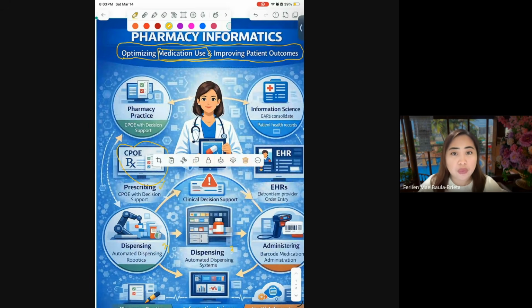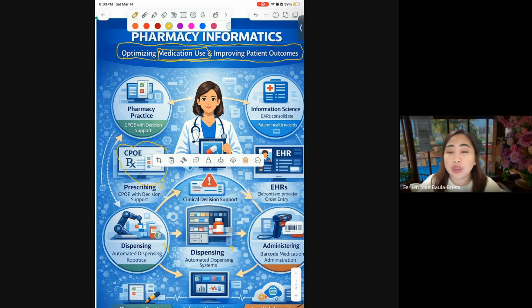For clinical pharmacy, we are really eager to use these essential tools because our main concern is ensuring safe and effective medication therapy management. Soon you'll become clinical pharmacists.